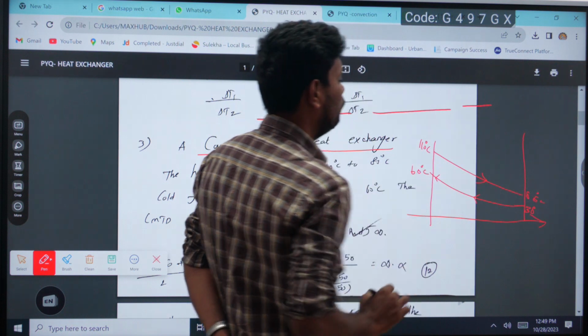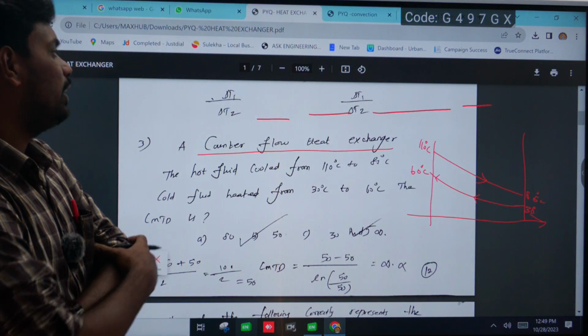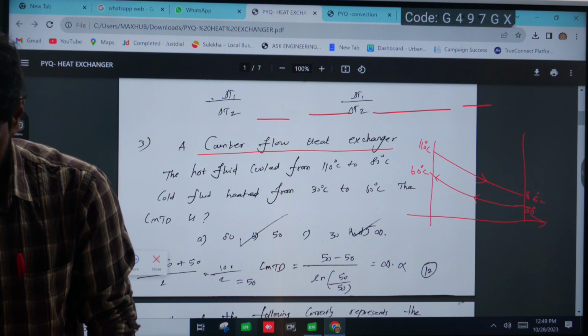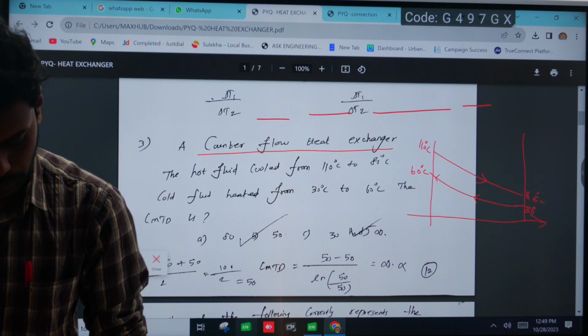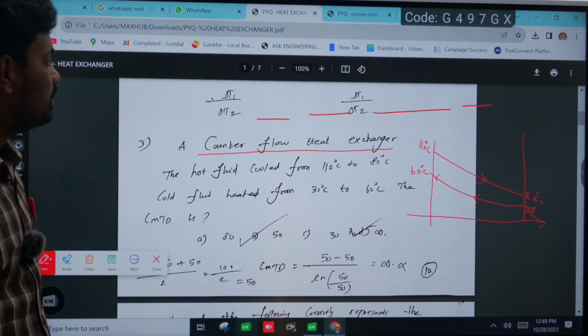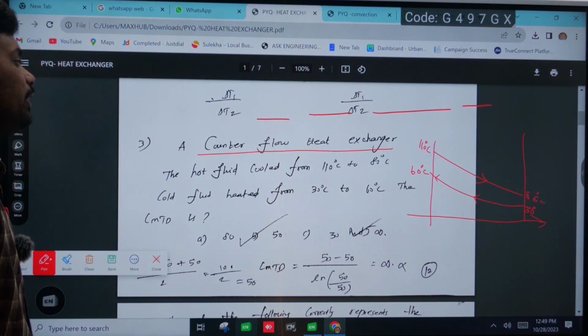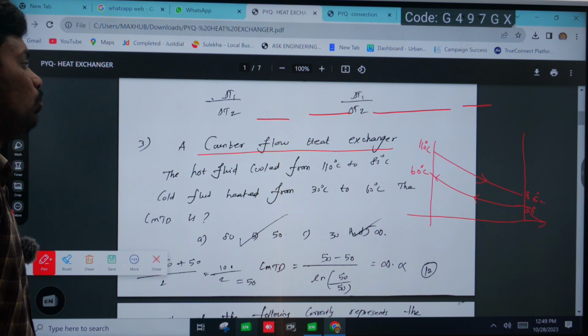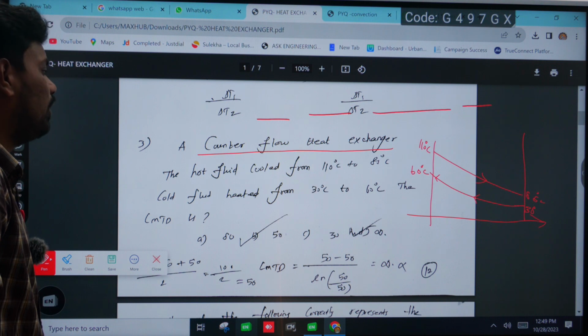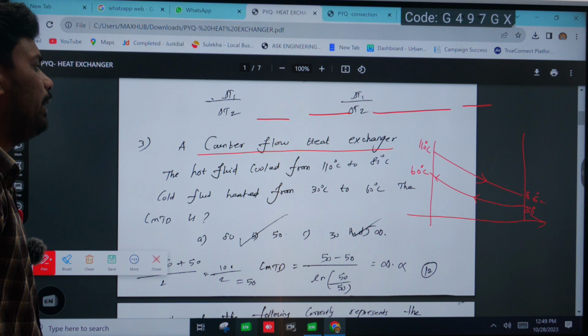Right? So now you see, what is the delta T1? What is the difference between delta T1 and delta T2? If you see 110 minus 60 and 85 minus 30, the formula is delta T1 minus delta T2 by ln of delta T1 by delta T2.